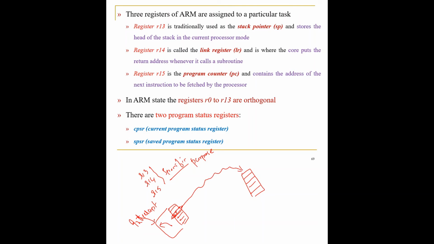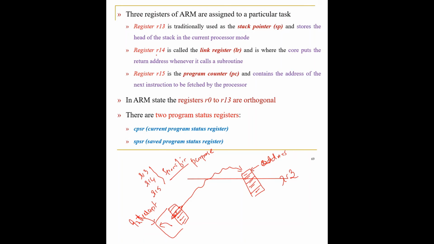That data can be stored in the stack, and in the stack it will always be last in first out, right? So I'll be storing the data here, and the memory location where you have stored the data last has to be remembered. This address has to be remembered. This address is actually remembered by your register R13. That is your stack pointer register.